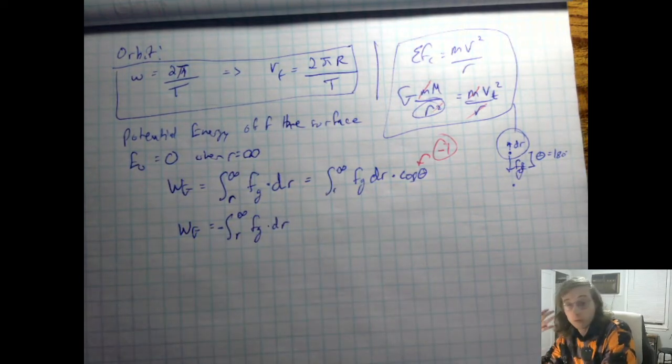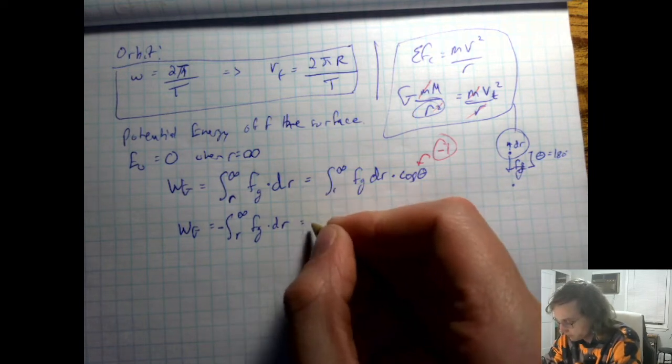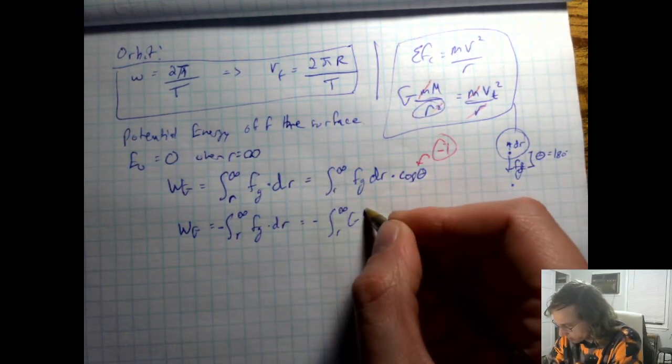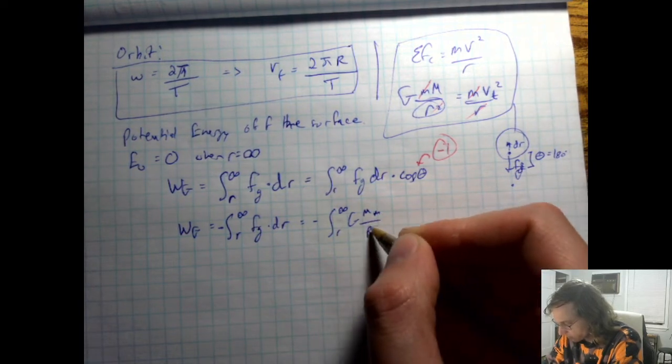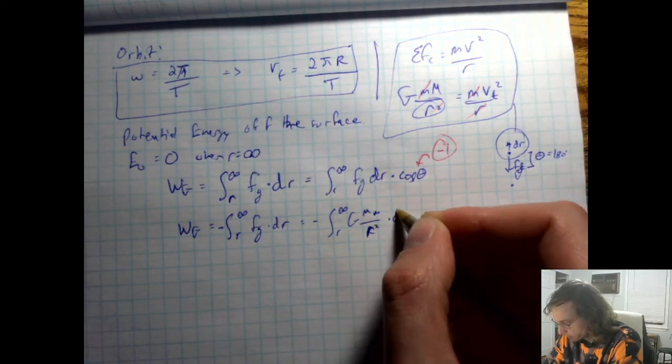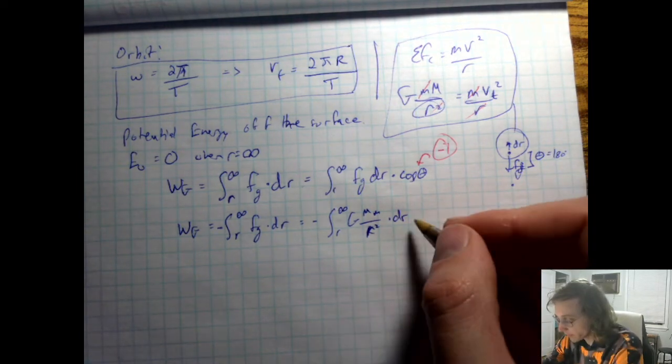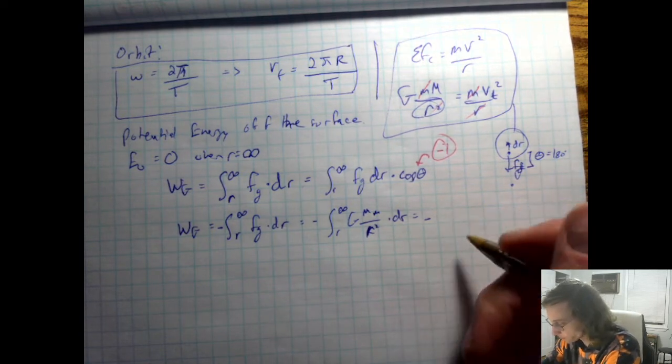Okay, well, let's just plug in the gravity equation. Our gravity equation is GMm over r squared multiplied by dr. We're going to be going from r to infinity, but in order for that to happen, we have to take our integral first.